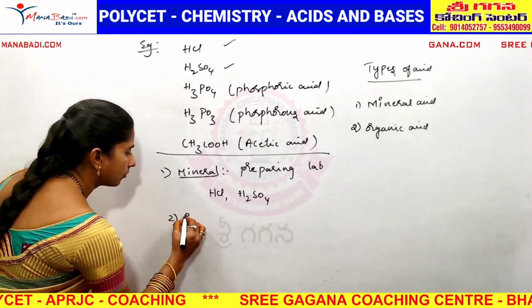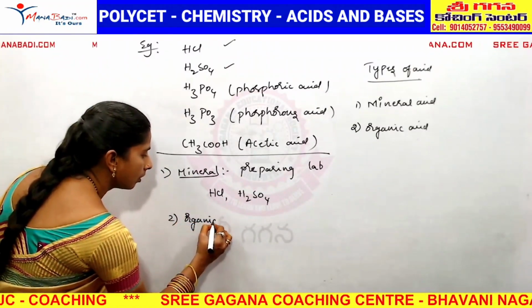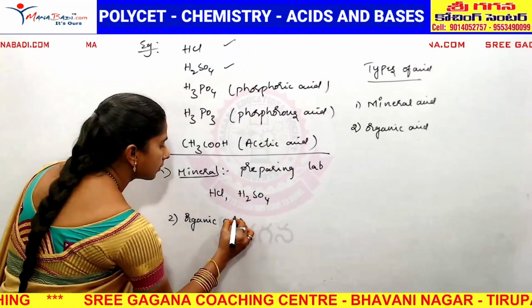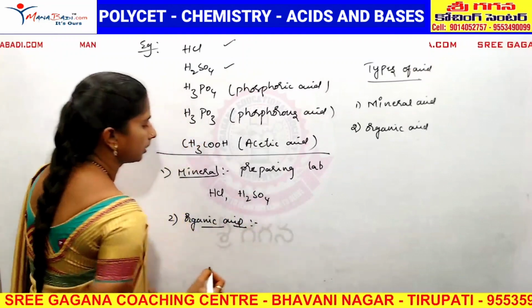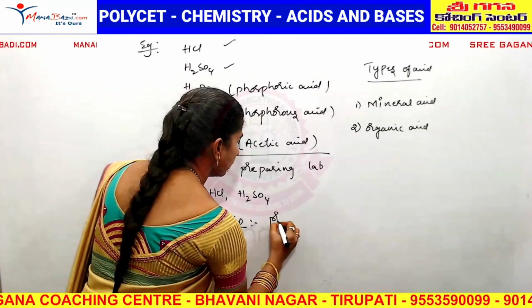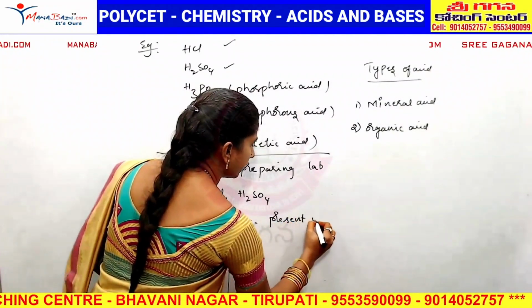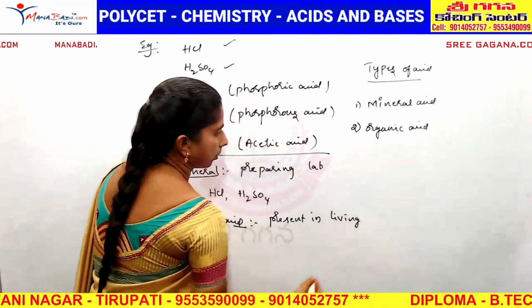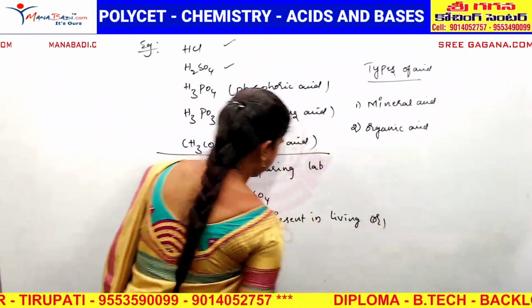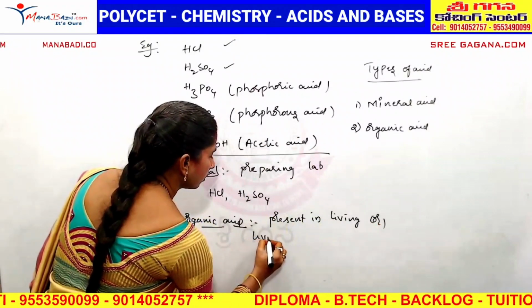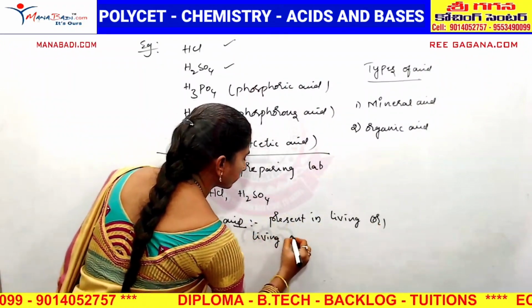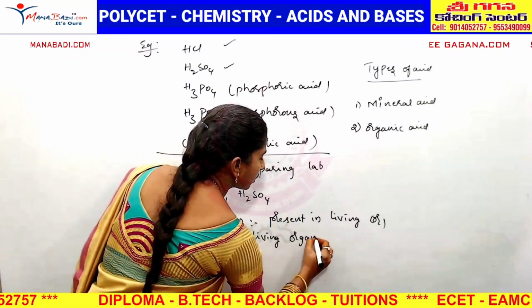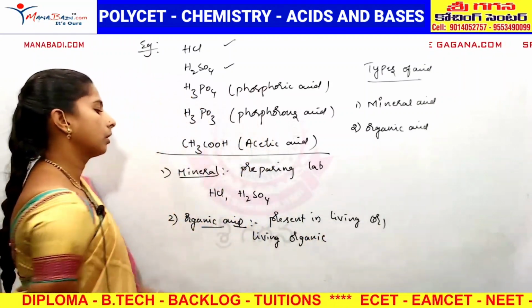And after that, organic acids. Organic acid means which are present in living things or organisms, or the products which come from living organisms.